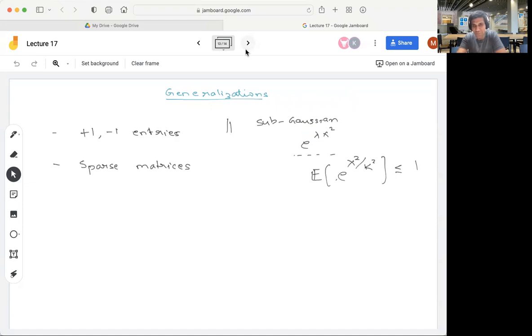then we will use this parameter k as a measure of how good a random variable x is. This is called the sub-Gaussian norm, or the Orlicz norm, of this random variable. In general, any random variable for which some reasonably small k works is called a sub-Gaussian random variable. These are a significant generalization of Gaussians.